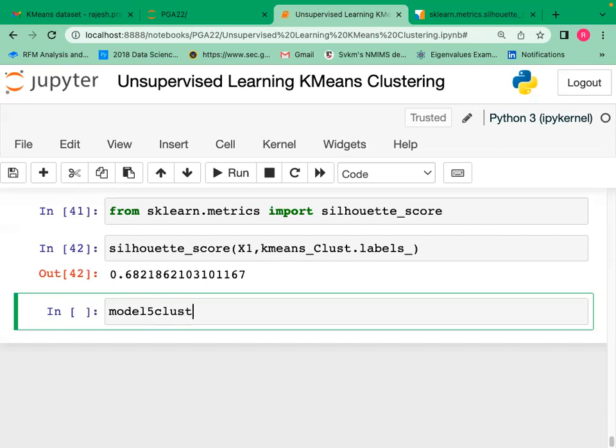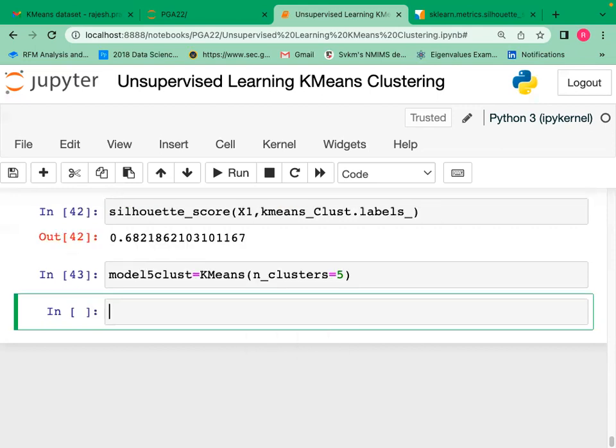Model 5 cluster is equal to KMeans, n_clusters is equal to 5. Model 5 dot fit X1.